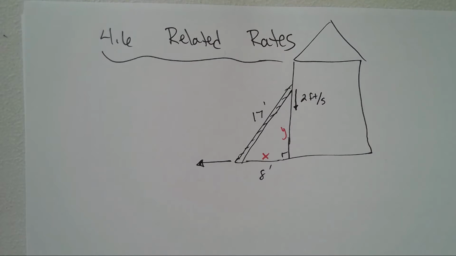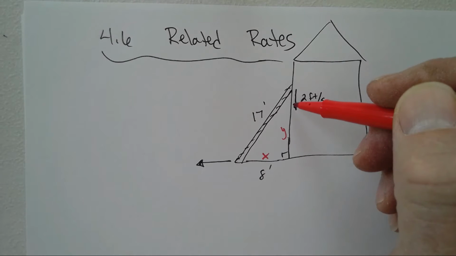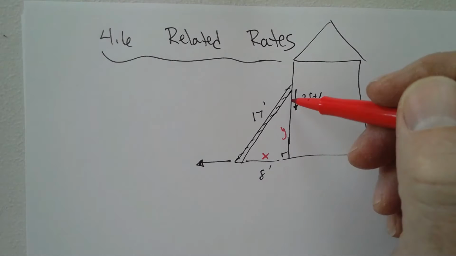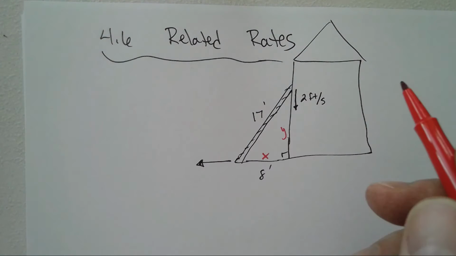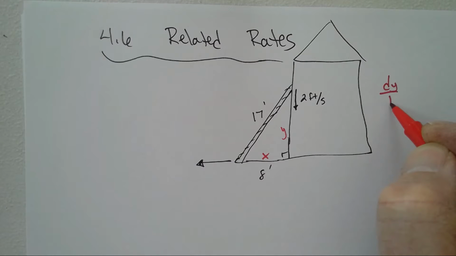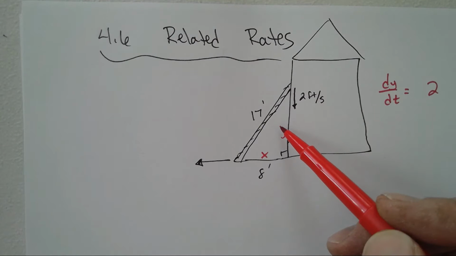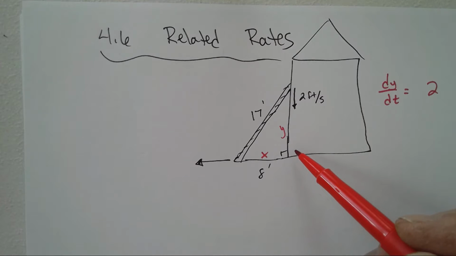So what are we given? We're given how fast this is going down, so that is dy/dt. We know dy/dt, the rate at which y is changing, is 2, but y is getting smaller. Since y is getting smaller, it would be negative.